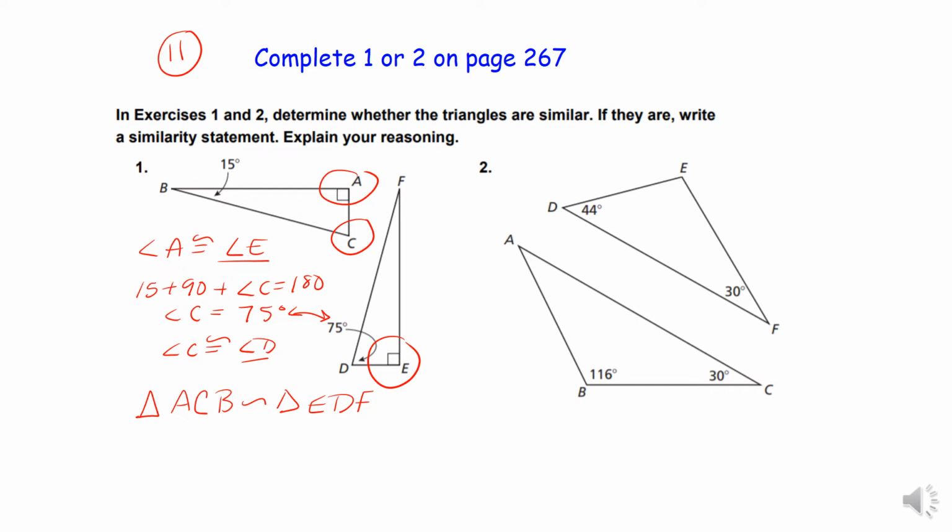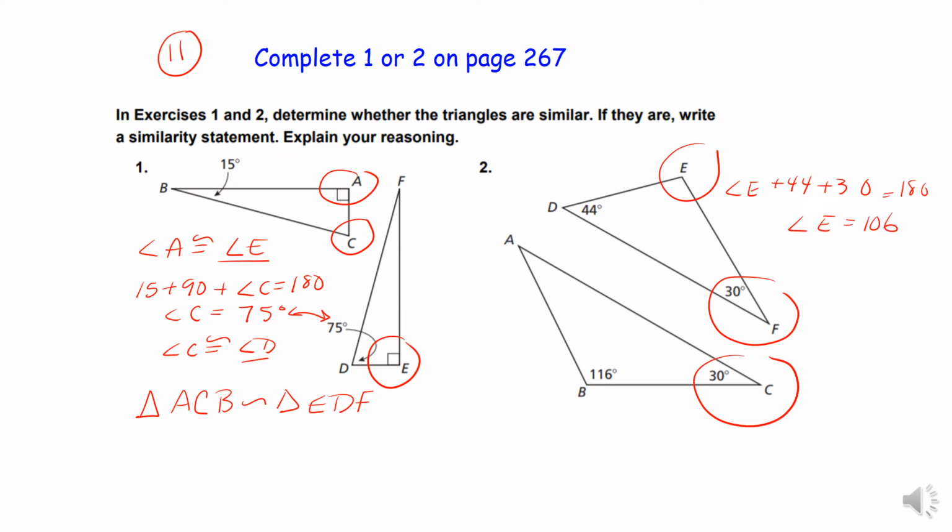So we have an angle that's equal. Now we're going to find the missing angle here. Angle E plus 44 plus 30 equals 180, and so angle E equals 106. We can see that that does not equal this.